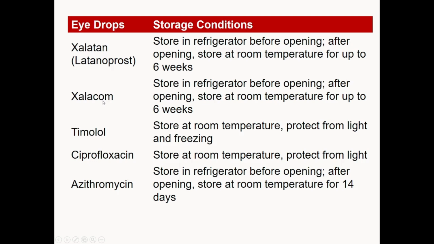Latanoprost, brand Xalatan, can stay at room temperature for 6 weeks, whereas the combination with timolol can stay up to 10 weeks. I have to correct this one here. This is supposed to be 10 weeks. Timolol can stay at room temperature, ciprofloxacin eye drop at room temperature, whereas azithromycin eye drops can stay only 14 days at room temperature.